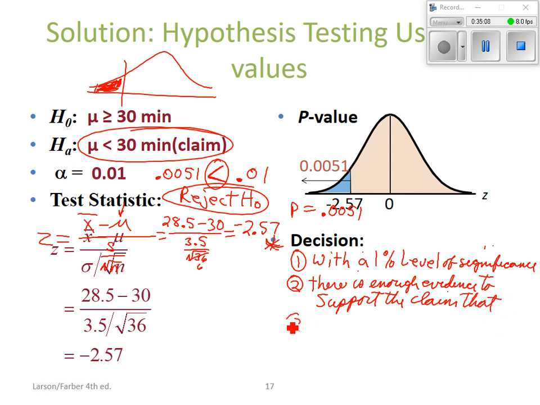And then our third part is where we go back to what the problem said. And this time it said that the mean delivery time is less than 30 minutes.